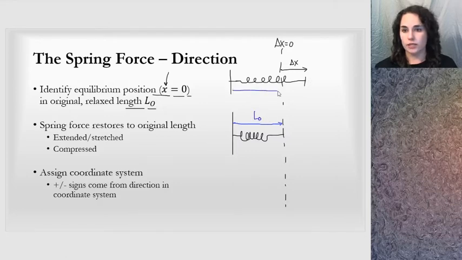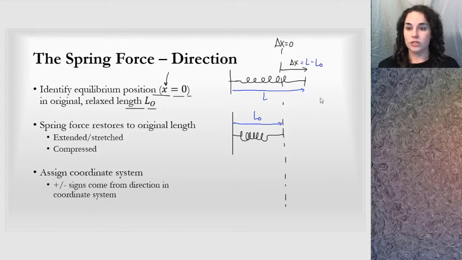This new length is L. So delta x will equal L minus L naught. Okay, so if I stretch the spring out, it will exert a restoring force. Notice that delta x is in the positive direction, and the spring force will restore it to the original length, which means that the spring force opposes that. And so that may be intuitive to you.